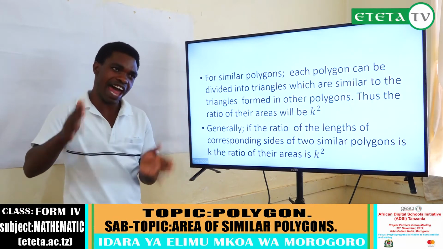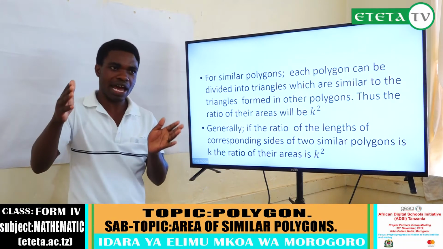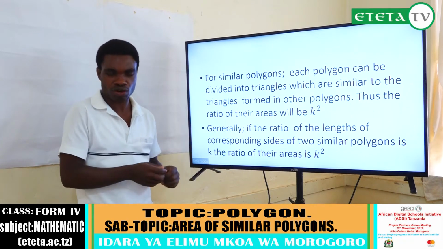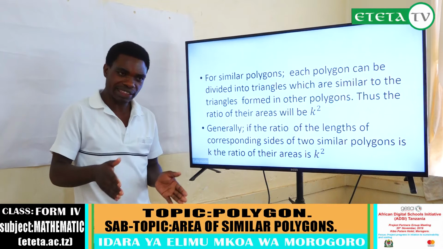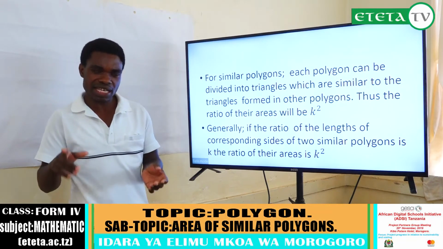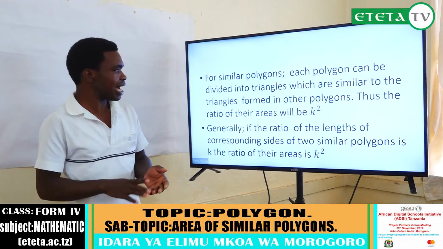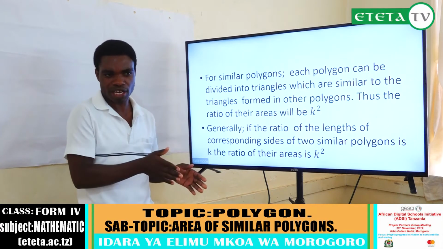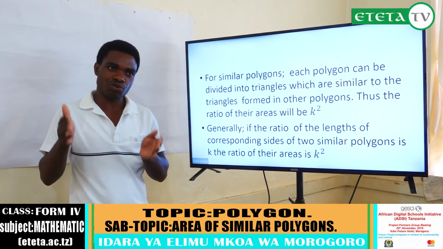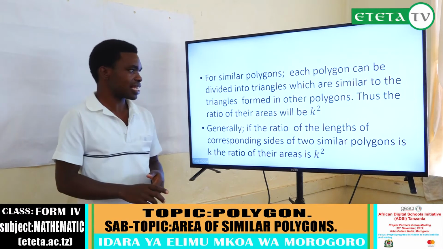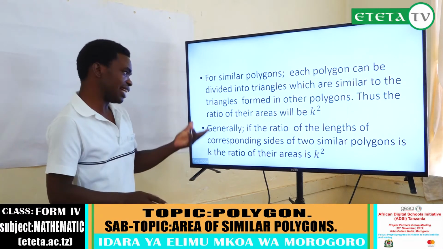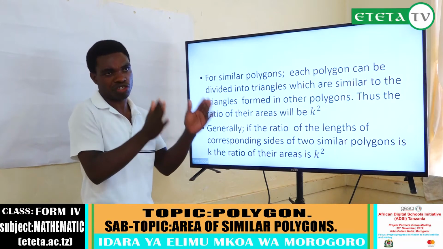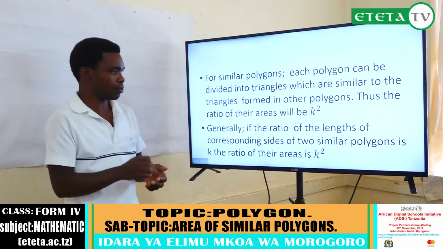If we have another rectangle similar to the first, we divide it into two triangles as well, and the triangles formed from the first rectangle will be similar to those from the second. In that way, the ratio is going to be the same, since the triangles will give you K squared.